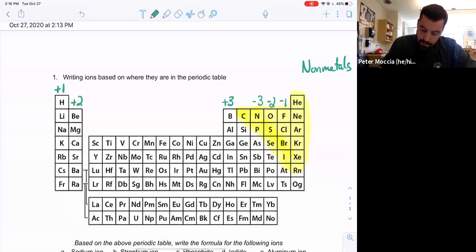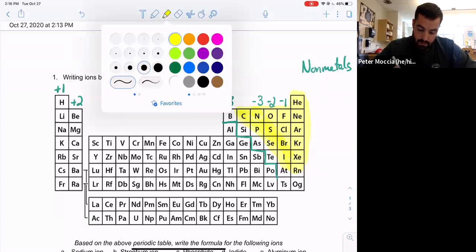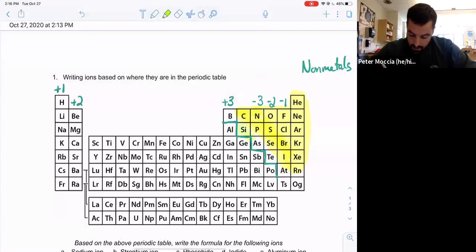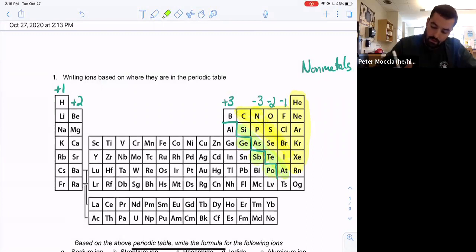You'll see on the periodic table, for example in my room, this staircase. Everything on the staircase is a metalloid. With the exception of aluminum, everything touching the staircase is a metalloid.